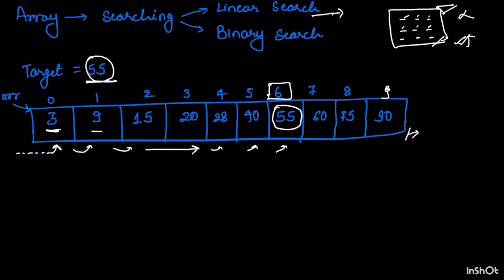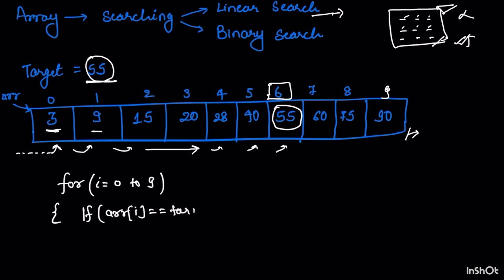So the implementation will be very simple. We will be just writing a for loop from the start index till the last index. Suppose the index is represented by i, it will start from 0 and it will go to the last index, that is 9, and each time we will check if the element of the array is equal to our target.